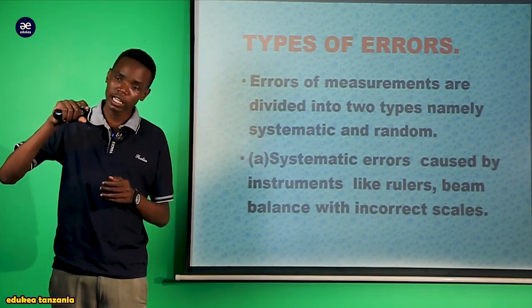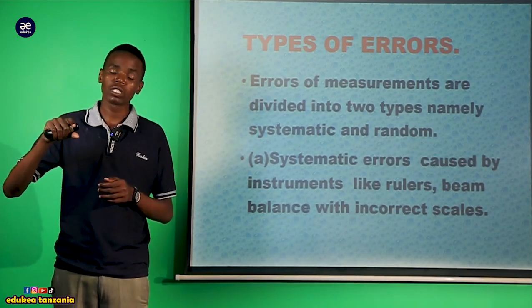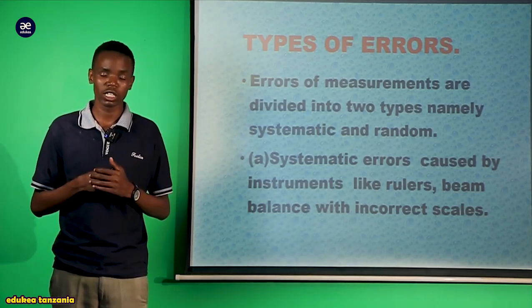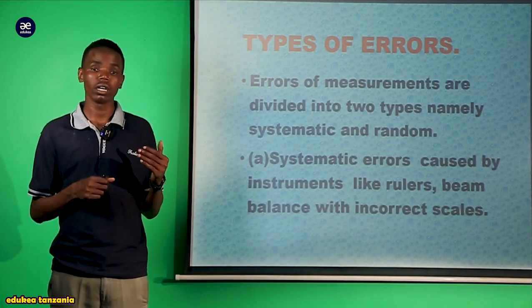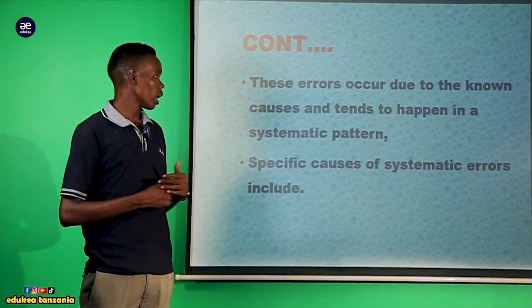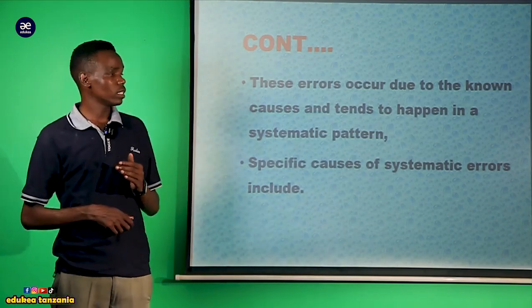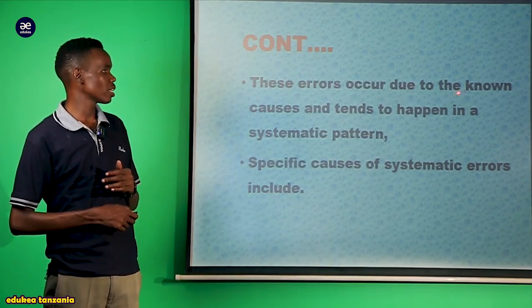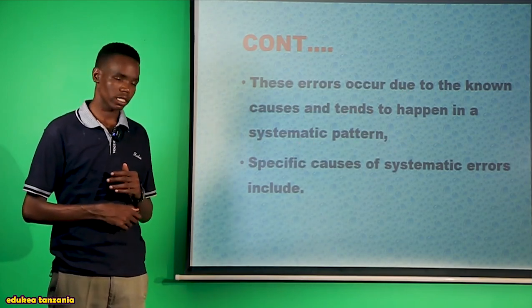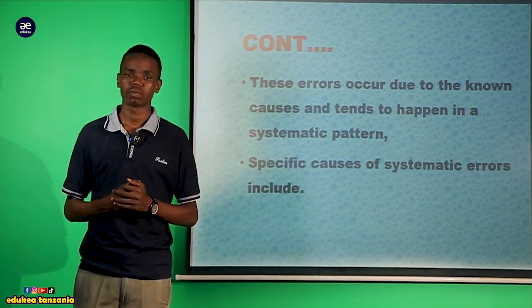Kwa sababu ya ile instruments ambazo zinakuwa na incorrect scale, zina facilitate the occurrence of the systematic errors. As you can see here, these errors occur due to known causes and tend to happen in a systematic pattern.